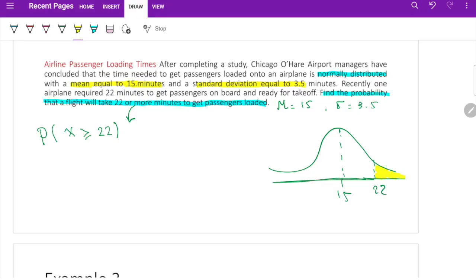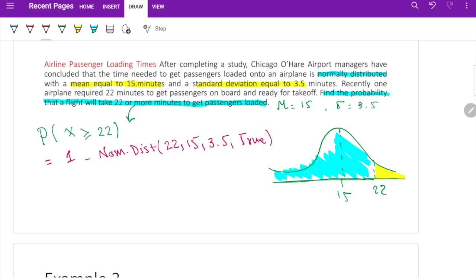But as we said, Excel doesn't know the right-hand side. Excel can give you the area to the left of 22. So what we do is take 1 minus NORM.DIST of 22, 15, 3.5, true. Then we get the answer.